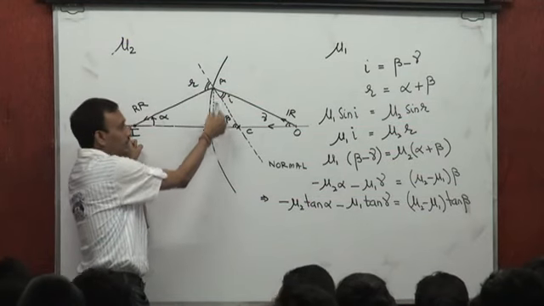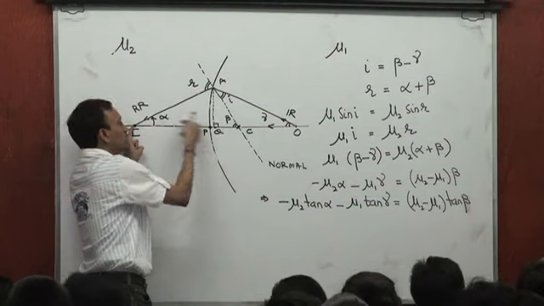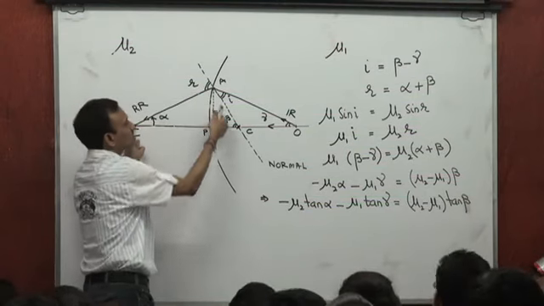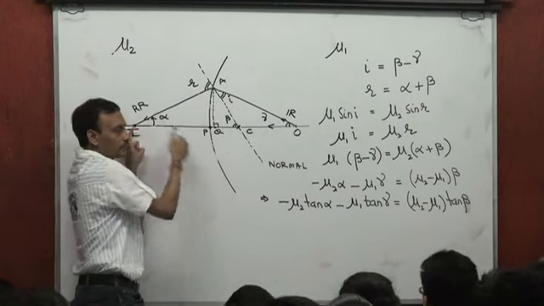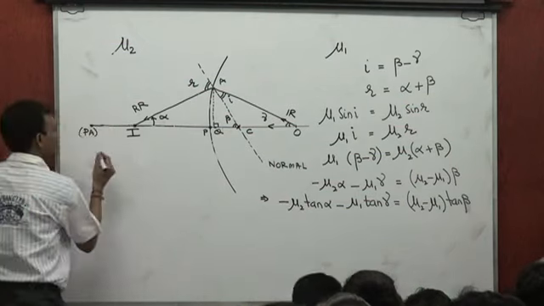But be it QI or PI, it's the same, right? So tan alpha is approximately AQ by PI.